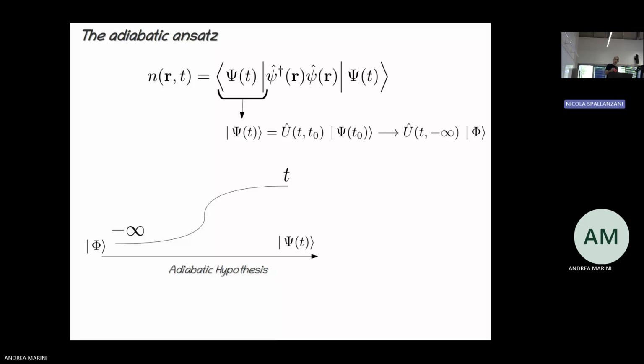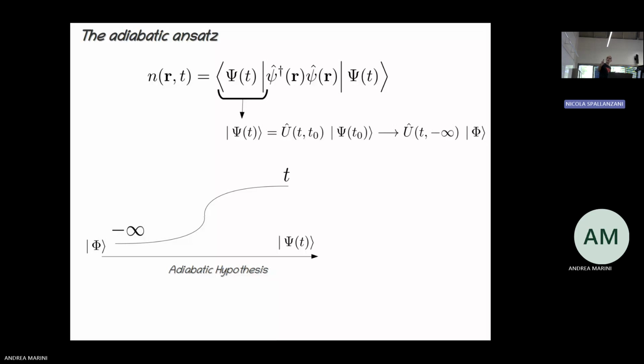So with the adiabatic hypothesis, you assume that the interaction is switched on adiabatically, very slowly, and then it is switched off adiabatically.